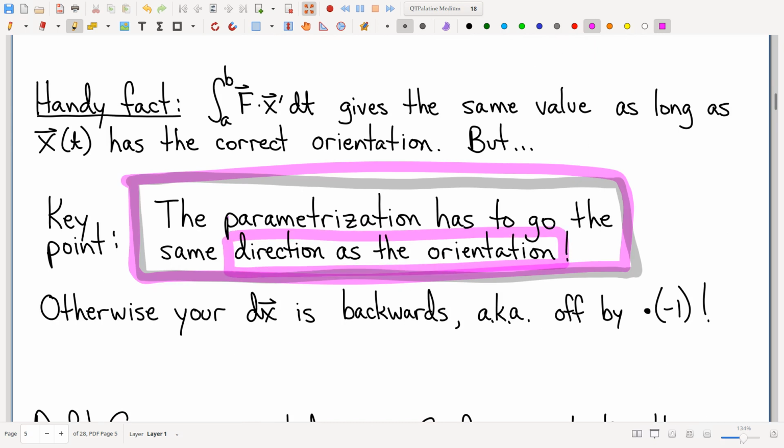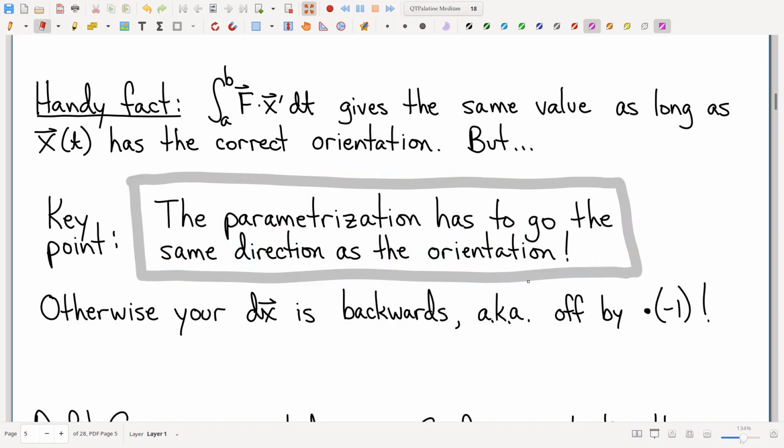So when you parameterize, you'd better parameterize the right direction. If you parameterize the wrong direction, you're not answering the same question. Does that make sense? You don't want to accidentally compute the amount of work it takes to go down the road of Pikes Peak when what you cared about was how much work it takes to go up the road of Pikes Peak. So that's a big deal, and not surprisingly, it's a pretty simple punchline.